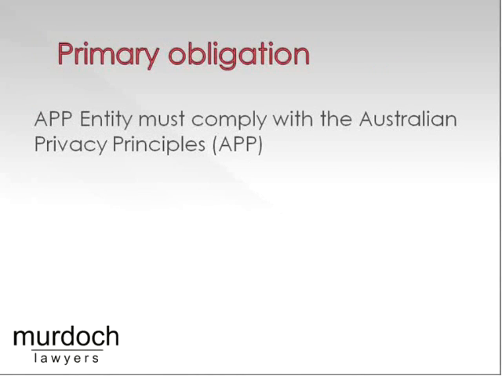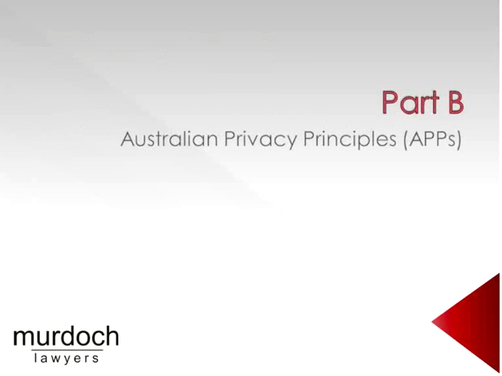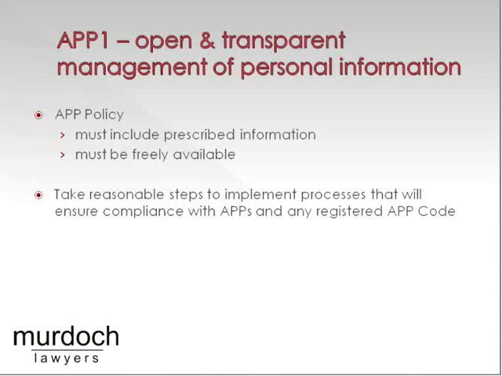So an APP entity has the primary obligation to comply with the Australian privacy principles, and also any code of practice that may apply to the entity. Jumping into the Australian privacy principles, APP 1 deals with open and transparent management of personal information.